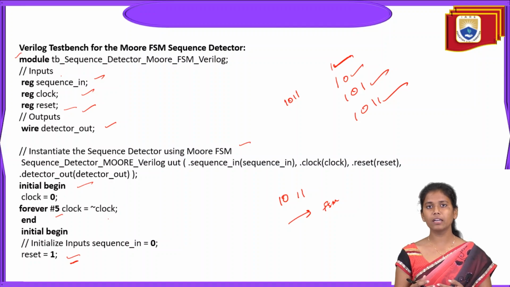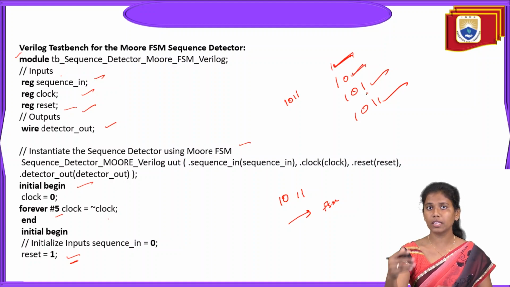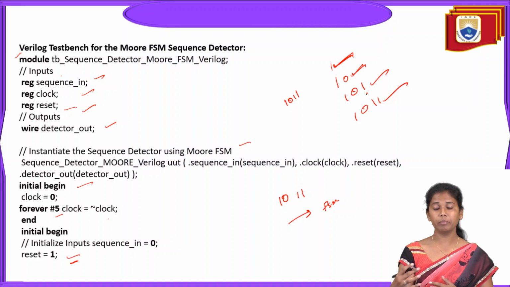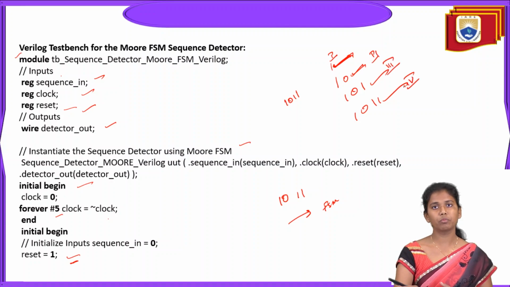After writing that, slowly you have to write your code in terms of conditional statements, if else if, or else by using case statements. Why? Because we need to achieve 1 0 1 1 in the sequence detector. We need to detect the bits in a sequence manner, right? So first we have to detect the 1, second we have to detect 1 0, third we have to detect 1 0 1, and fourth we have to detect 1 0 1 1.